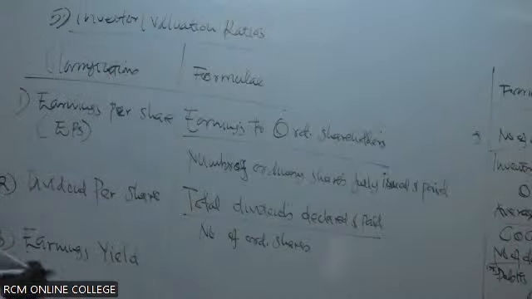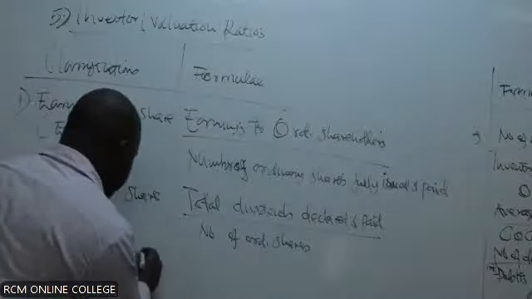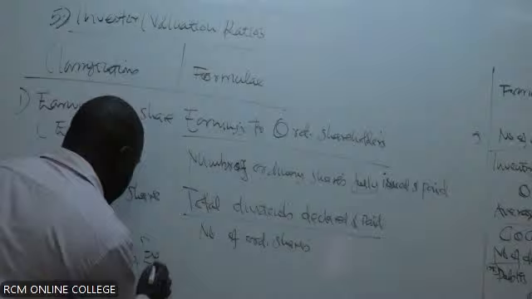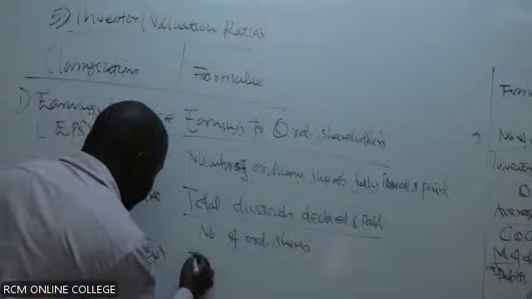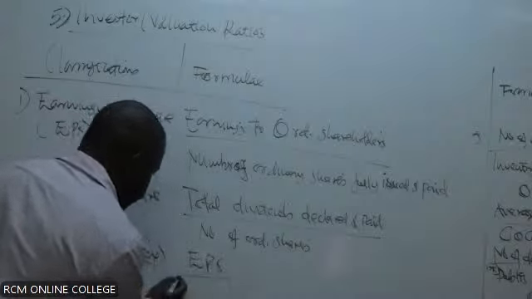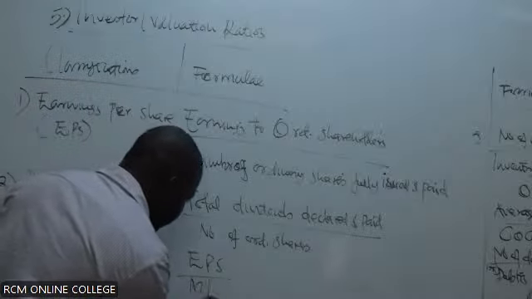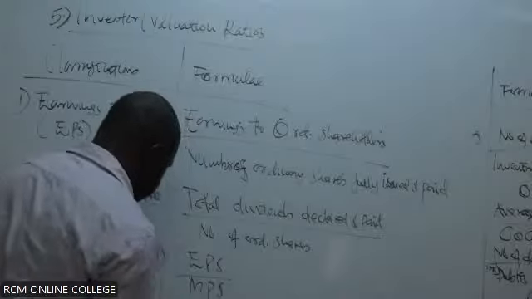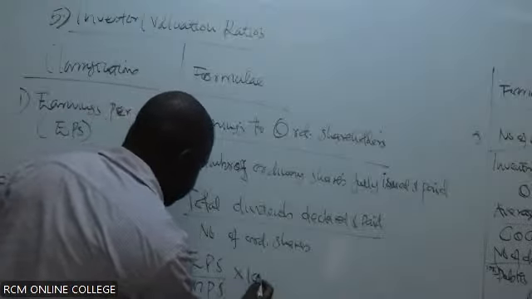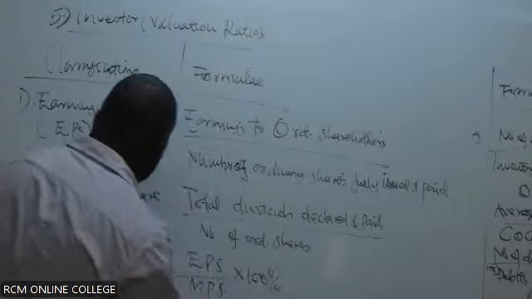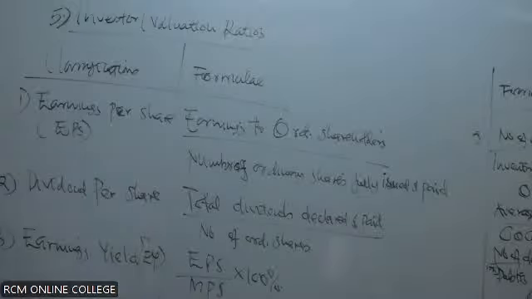The formula is earnings per share divided by market price per share, multiplied by 100%. It is a yield, so earnings yield is earnings per share divided by the market price per share.